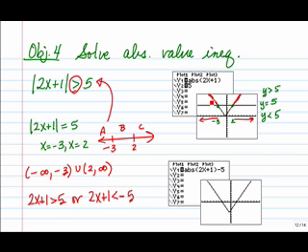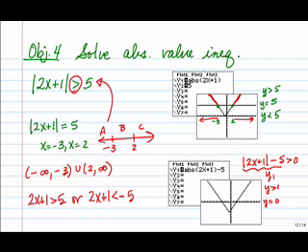Now, another method that we talked about in an earlier section is to look at where it's greater than 0. So a thing that's equivalent to this inequality is this, that the absolute value of 2x plus 1 minus 5 is greater than 0. So remember how we can input this into y1 and then find where it's greater than 0. We know y is equal to 0 on the x-axis.